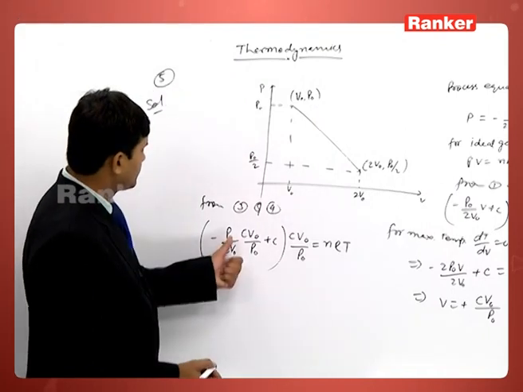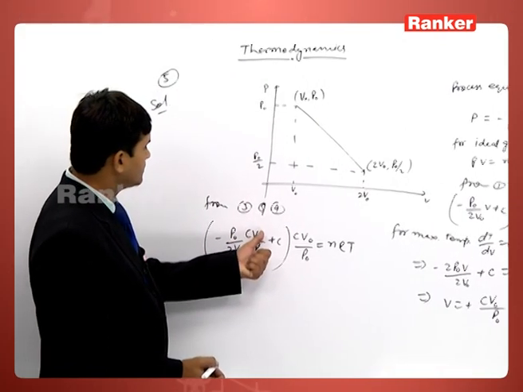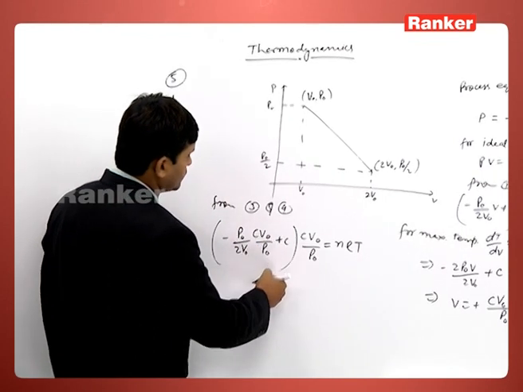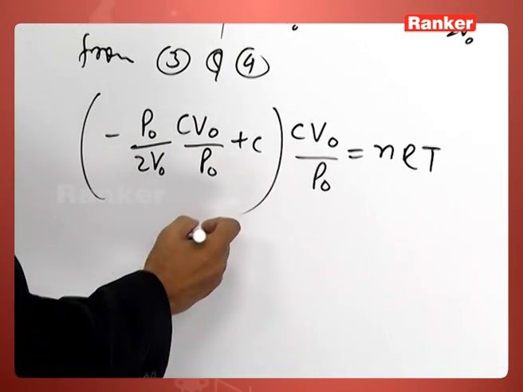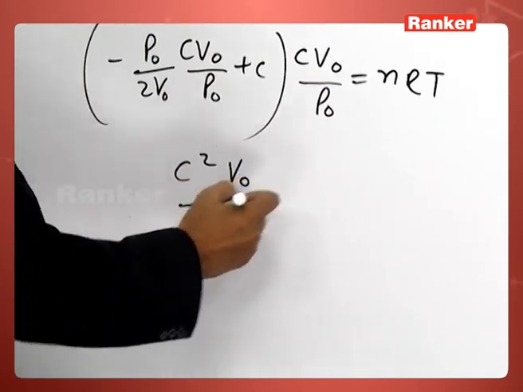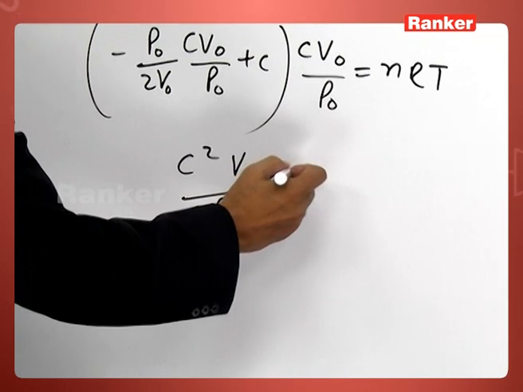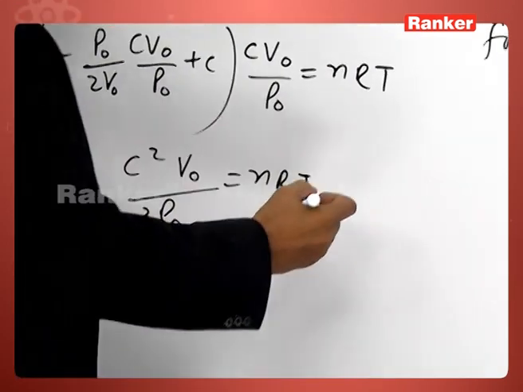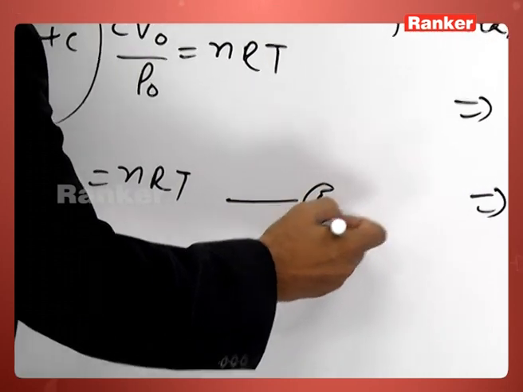Now simplifying, P0 P0 cancel, V0 V0 cancel, minus C square by 2 plus C square, that is C square by 2, times V0 by P0, is nRT. So here we are getting the temperature value.